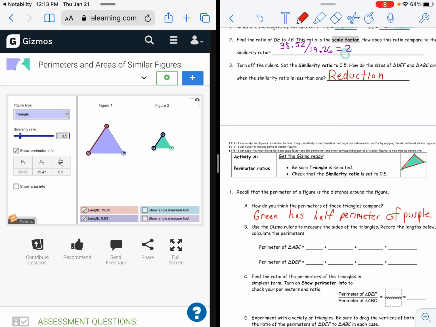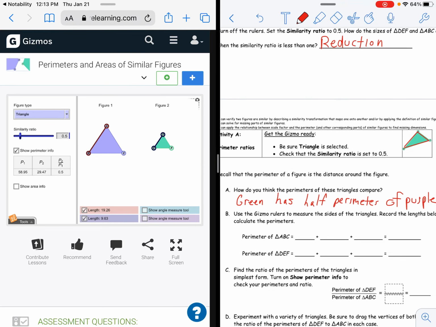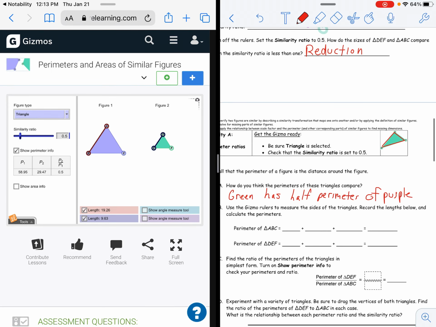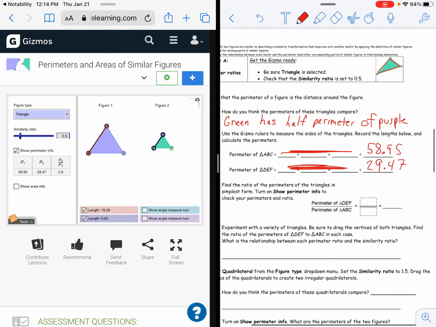Alright, well, let's show perimeter info. The perimeter of the purple one, P sub 1, we're not going to care about each side length, but the perimeter of ABC is 58.95. And there is a little bit of rounding going on, so don't be too discombobulated. And the perimeter of the green triangle is 29.47.